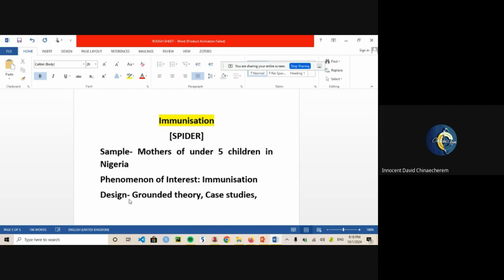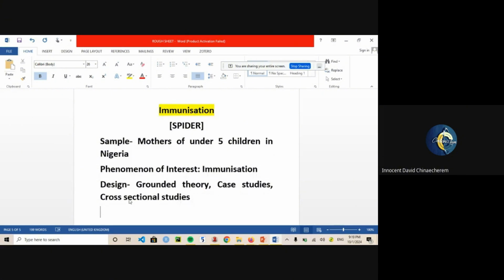So I'm going to bring in cross-sectional studies. So this will be the type of designs that I'm going to look out for when conducting it. But alternatively, I can actually put it in this way, studies that use an interview.